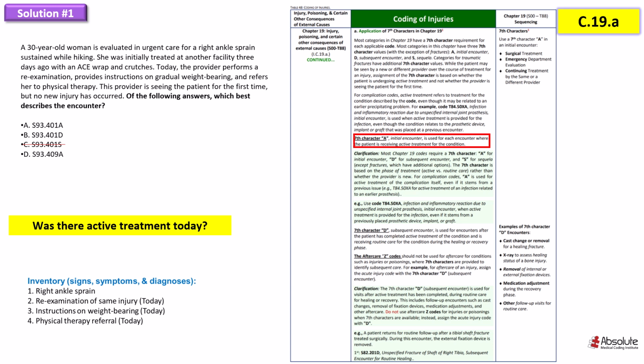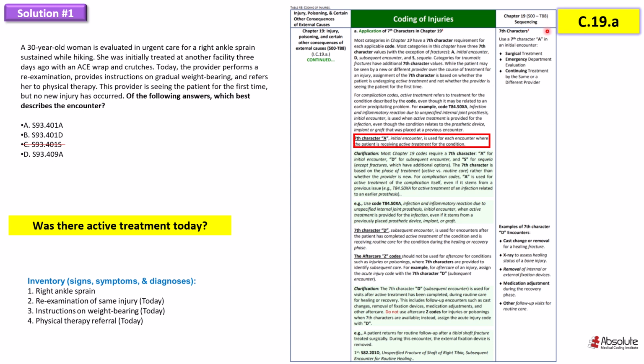So let's go ahead and look at the definition of active treatment. This is the code for an initial encounter, and it's used for each encounter where the patient is receiving active treatment for the condition. Now, I still didn't define what active treatment is, but let's take a look over here.